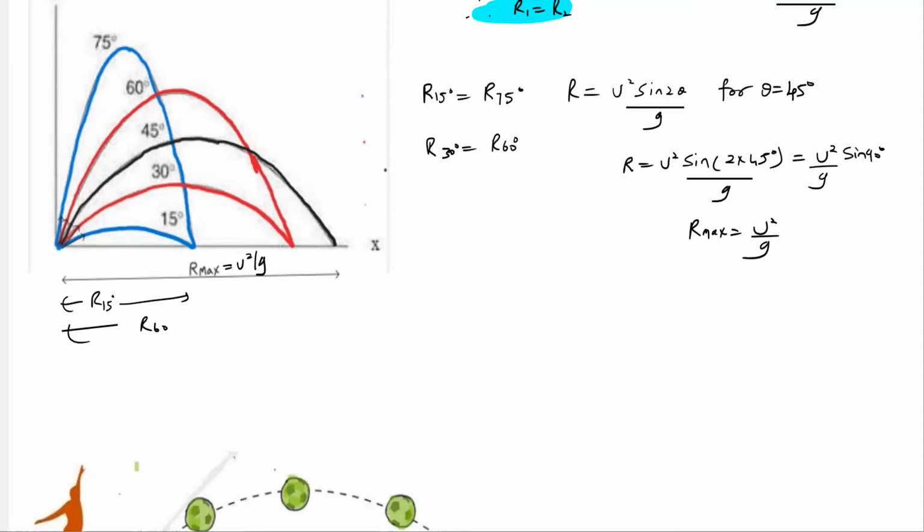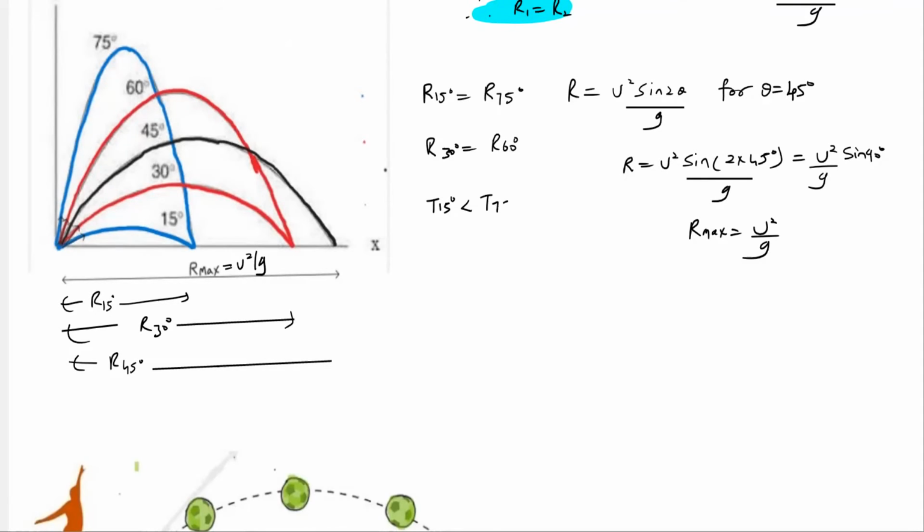Similarly, the range for 30 degrees will be equal to that of 60 degrees, because these angles are complementary. The range will be equal. And for which angle will it be the maximum range? The maximum range we will calculate here.